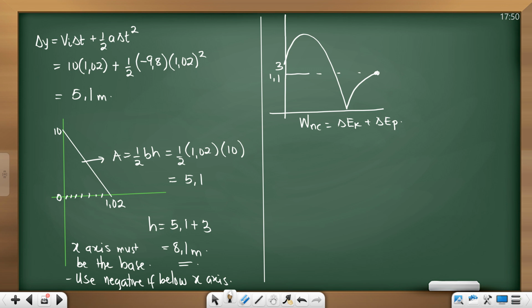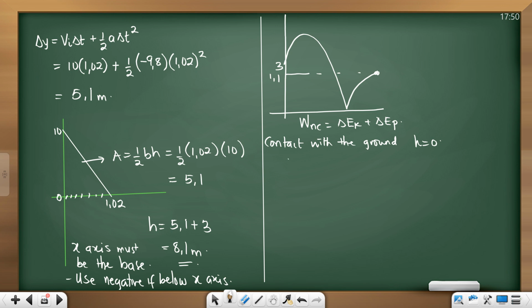Now, but here is the thing. The question says, while the ball is in contact with the ground. What does that tell me? H equals 0. Does that make sense? The ball is in contact with the ground, H equals 0.